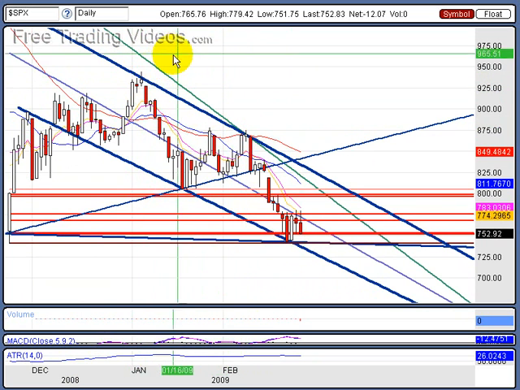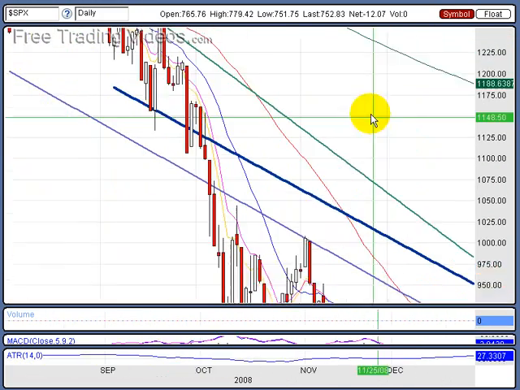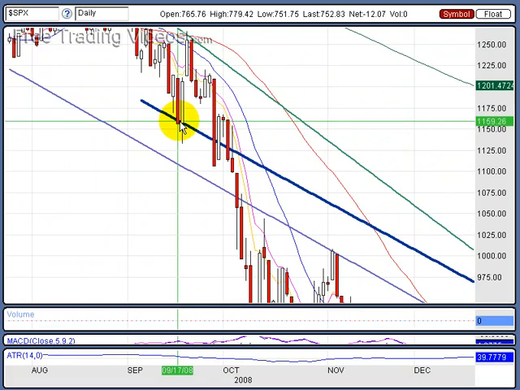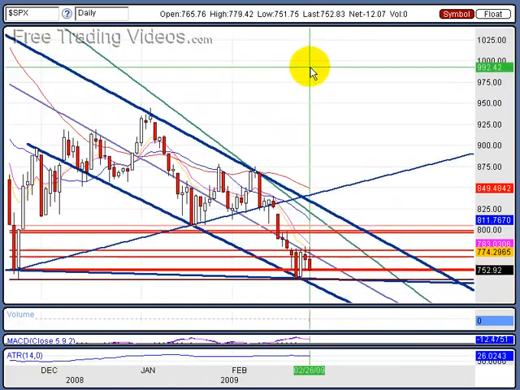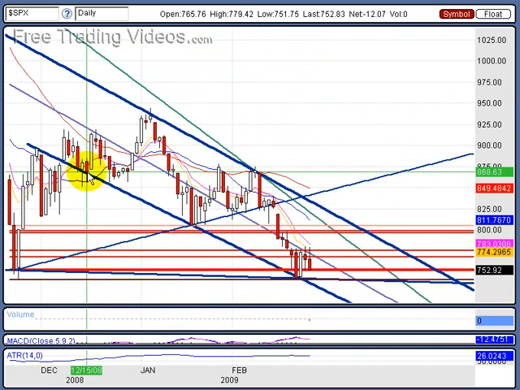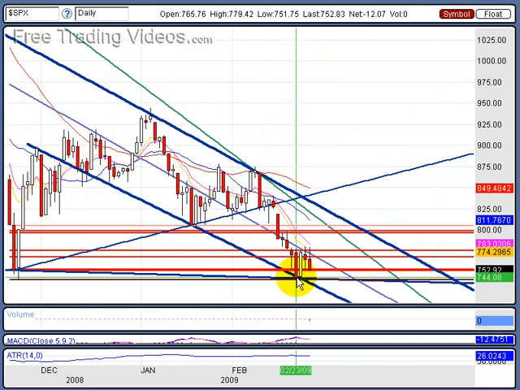You'll want that one drawn, but remember you're going to capture a swing low right there, which happens to be September 17th. And then on our low trend line, you're going to have December 12th, January 20th, and then February 23rd.